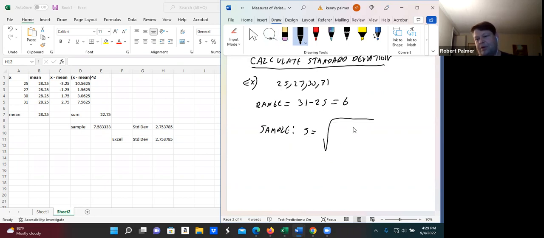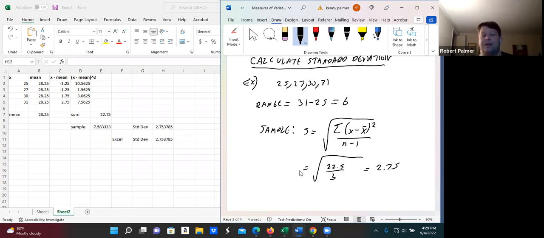It's the square root of the sum of x minus x bar, where x bar is your mean, squared, divided by n minus 1. We found that to be the square root of the sum, which was 22.5, divided by 3. Then we found that to be about 2.75.